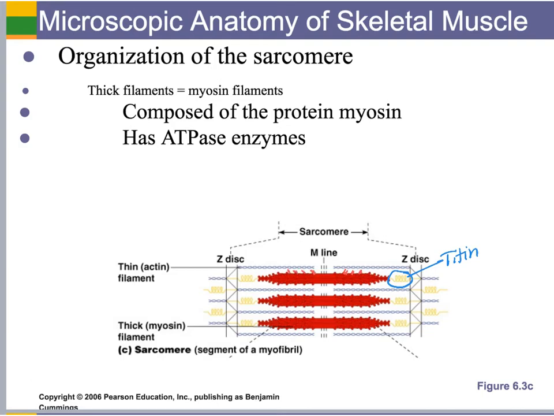So what happens when the calcium is released, these myosin heads attach to the actin filament, and on their power stroke, they pull them towards the middle of that sarcomere.